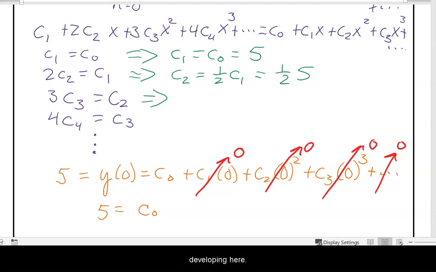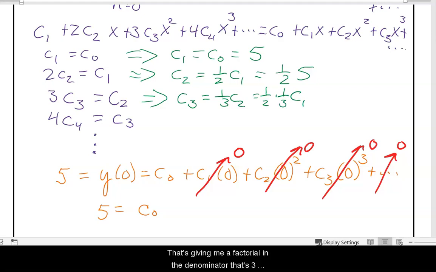There's a pattern developing here. If I know C2, I should be able to find C3. C3 is going to be 1/3 of C2, but C2 is 1/2 of C1. That will give me a 1/2 times a 1/3 of C1. That's giving me a factorial in the denominator. That's 3 factorial, in fact.